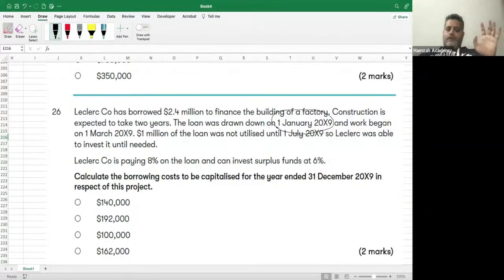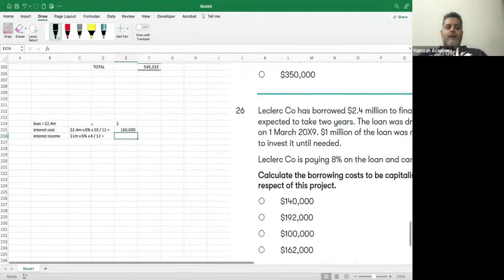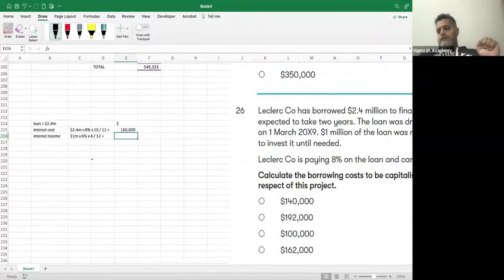I invested it straight away, and it was not utilized till 1st July. So technically, from January to June, I have 6 months. Why am I capitalizing it for the 4 months? Shouldn't I go for the 6 months?